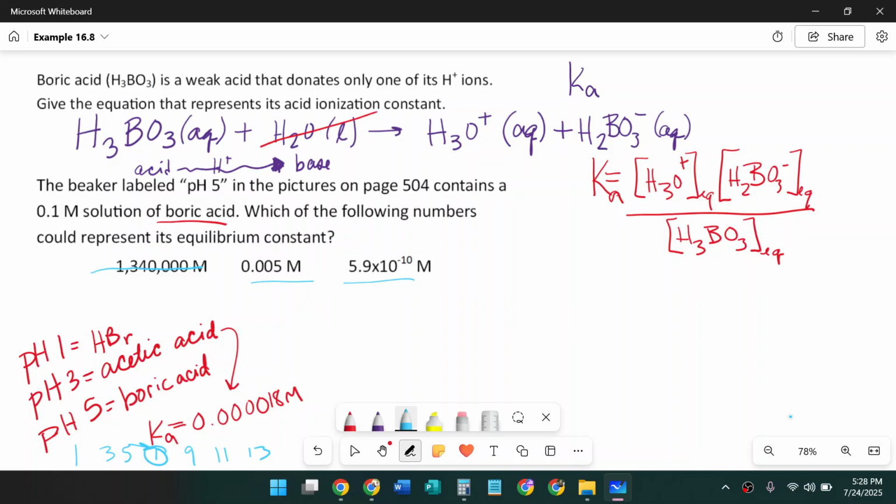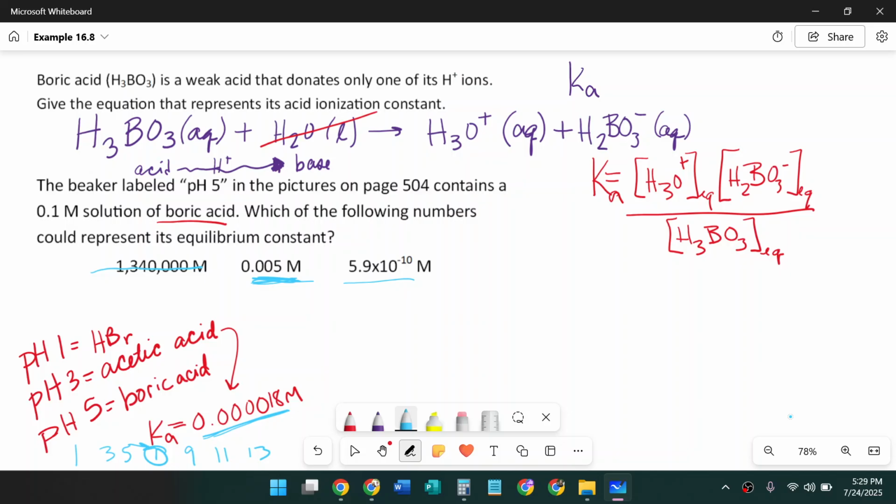So to have a higher pH, the boric acid must be weaker than the acetic acid. Since all three of these, by the way, had 0.1 molarity, so they all have the same concentration. So to have a higher pH, its acid ionization constant has to be less than acetic acid's. So compared to these two, this one is 5 thousandths.